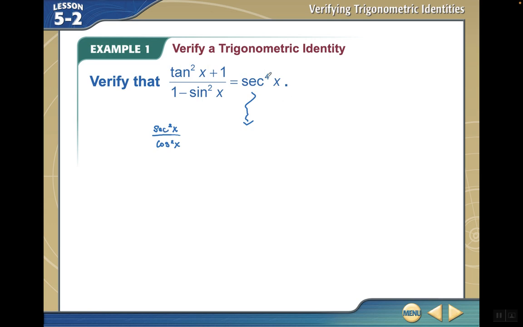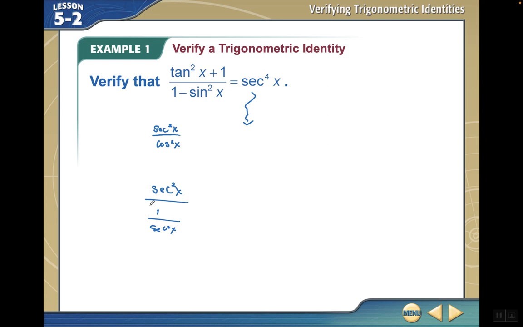Since we're looking for it to look like secant to the power of 4 x, I'm going to change that cosine squared to 1 over secant squared. So I have secant squared x over 1 over secant squared x.